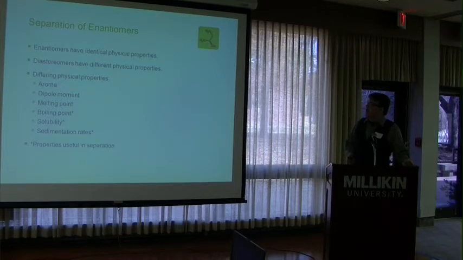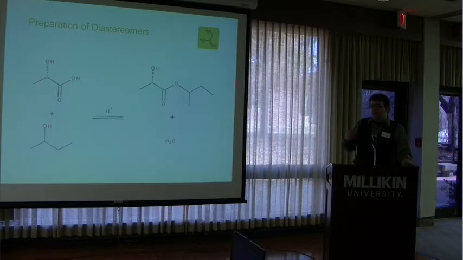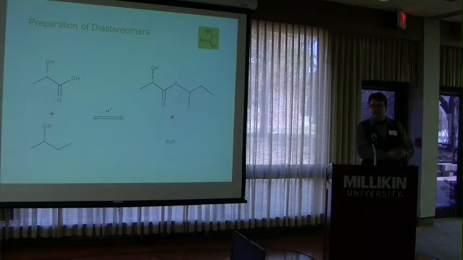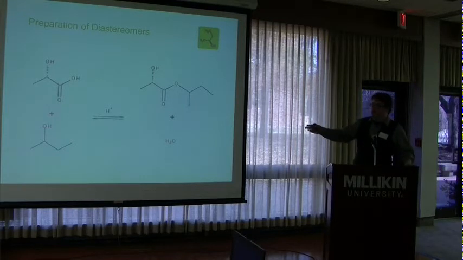So in order to do that, our theory takes us to the idea of using Fischer esterification. We're going to use a racemic mixture, which is an equal solution of both R and S enantiomers. We take the racemic mixture of the butanol and react it with lactic acid in an equilibrium reaction in the presence of an acid catalyst, and we will get the sec-butyl lactate ester and water.